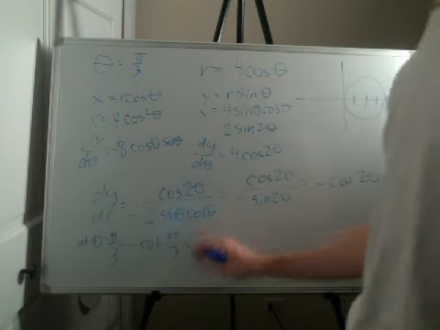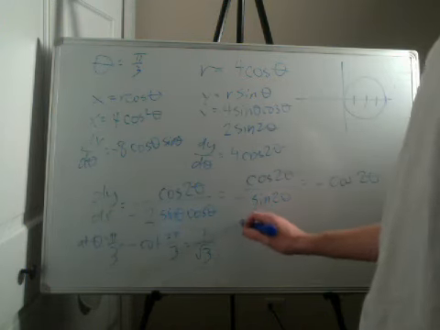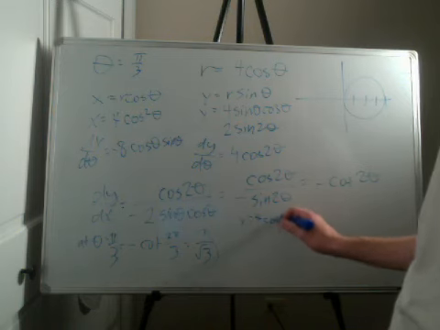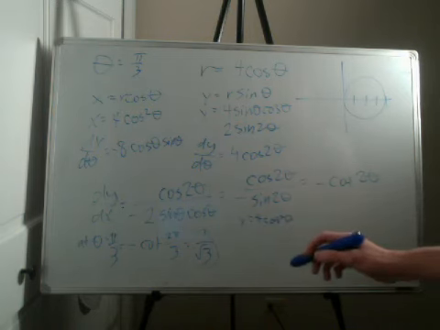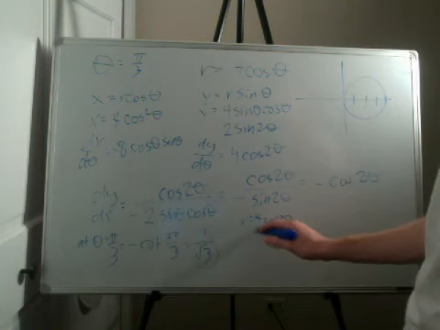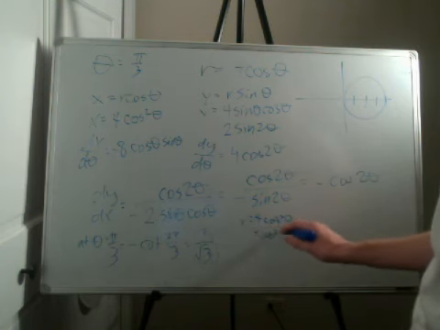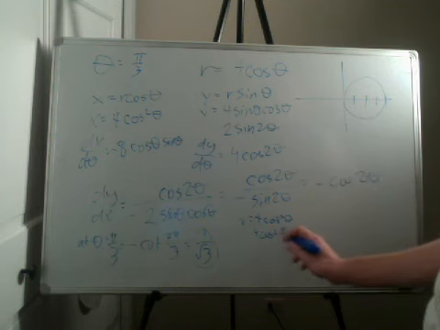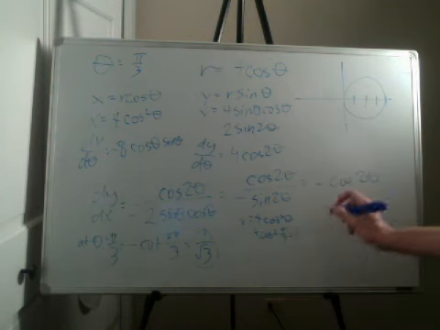Then to find what the points are, you would just plug this in up here. So this is the slope, so I'm going to circle that. X equals 4 cosine squared theta. Then you plug in pi over 3, you get 4 cosine squared pi over 3. Cosine pi over 3 is 1/2, so that squared is 1/4. 1/4 times 4 equals 1.